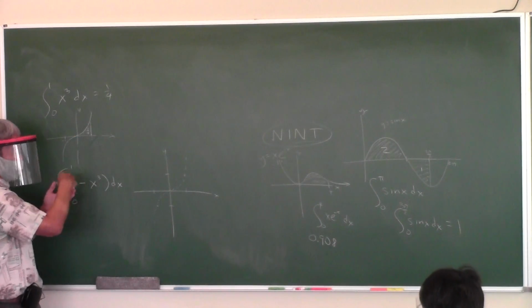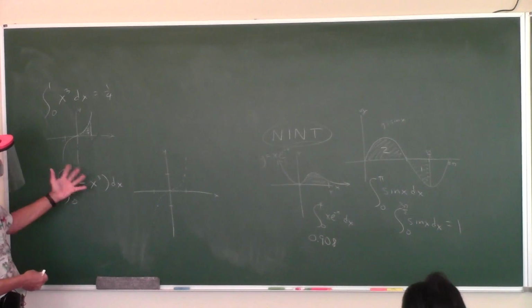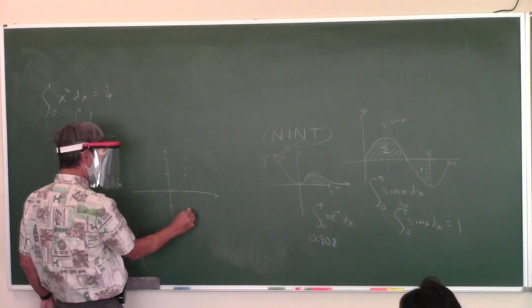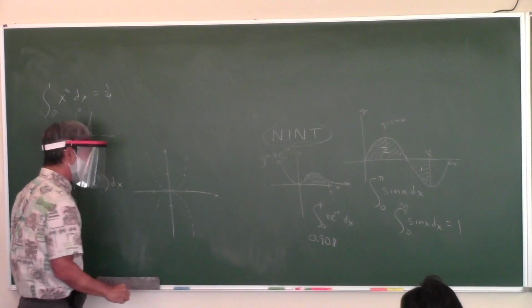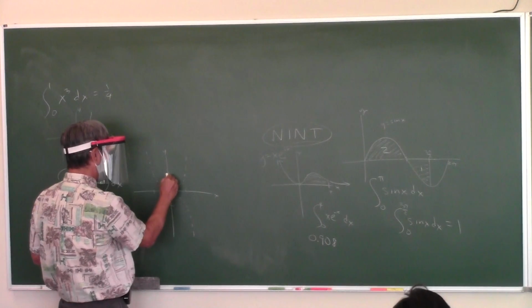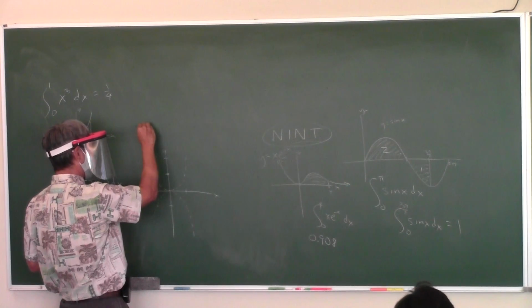So you gotta make the concavity correct, otherwise you're not gonna be able to see it. Reflect it over the x-axis. Now it looks like this. Then I shift it up 1. So the graph looks like this.